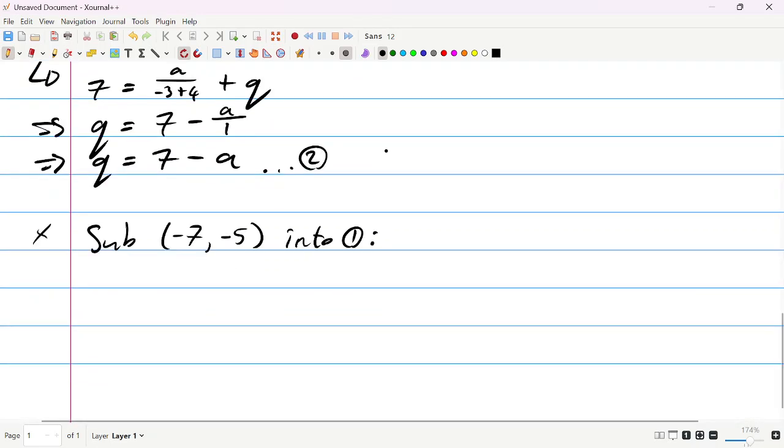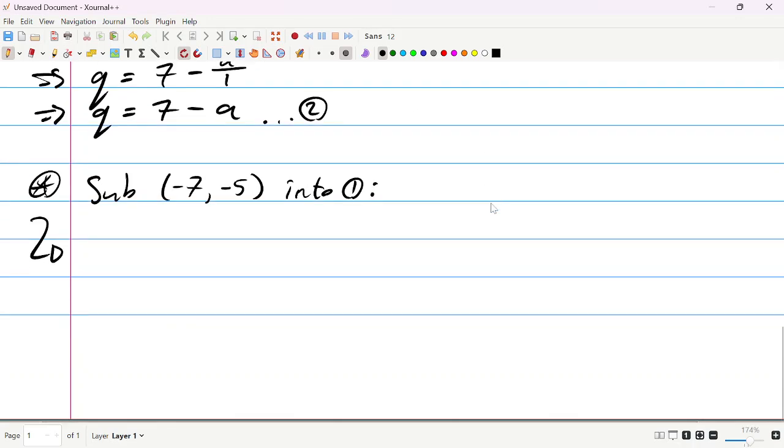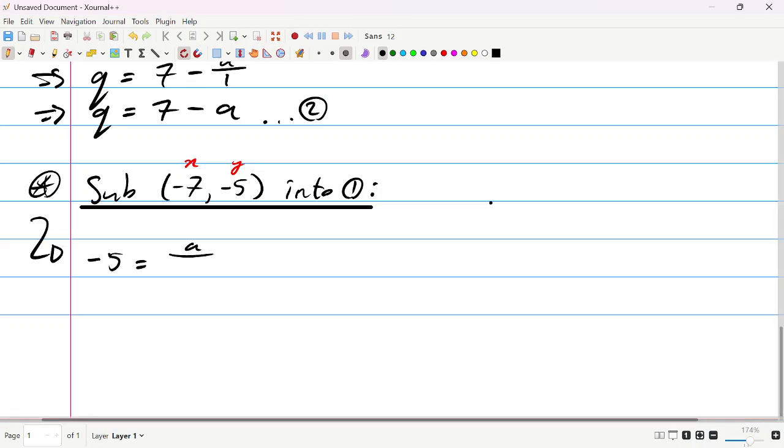So once we sub that in, okay, all we are going to do is say, we have x is equal to -7 and y is equal to -5, such that what we're going to have is -5 is equal to a over -7 plus 4, and then this is plus q.